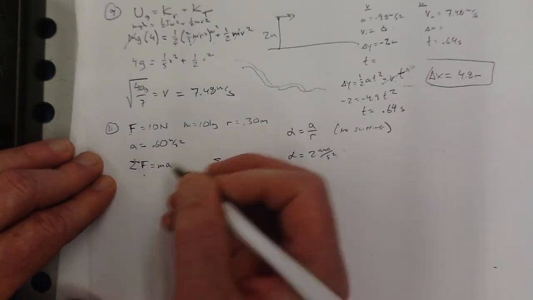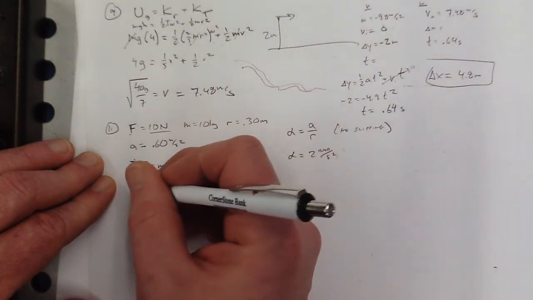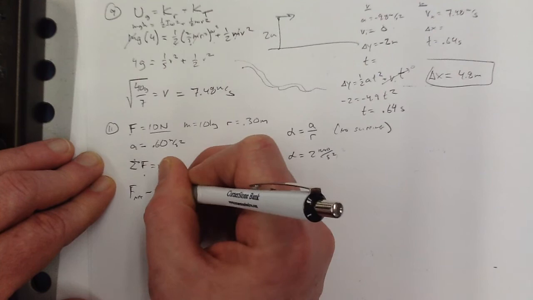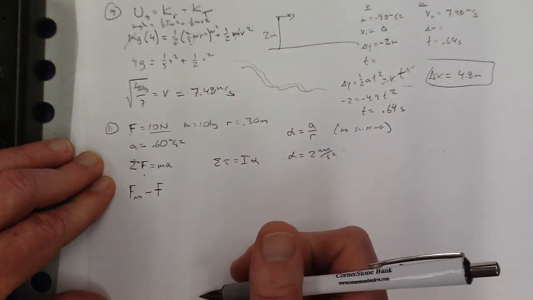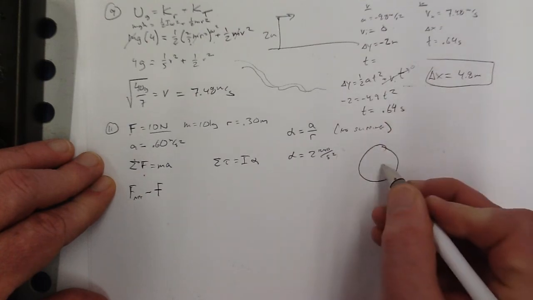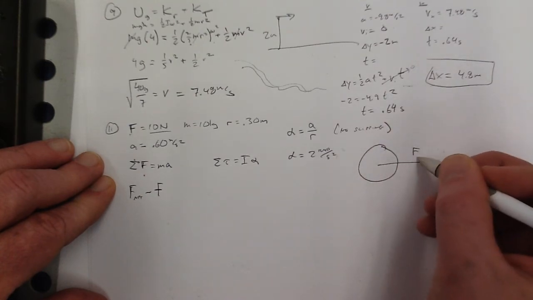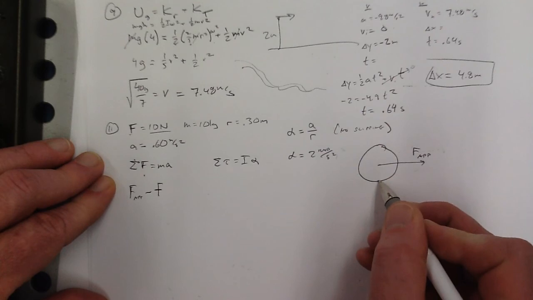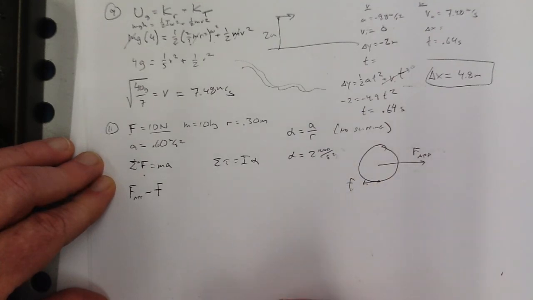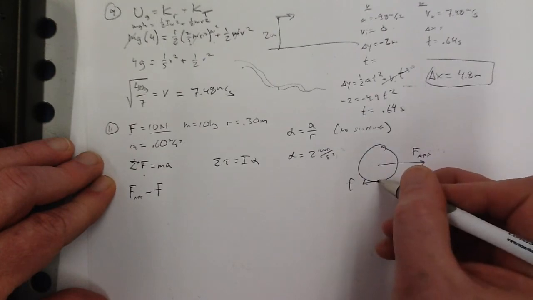So sum of all forces here, I've got this applied force minus the frictional force. And gravity and the normal force would be canceling each other out. So if we wanted to make a diagram for this, it would look like this. There's my applied force. It's rotating, so that friction force, if there was no static friction, then it would not rotate.